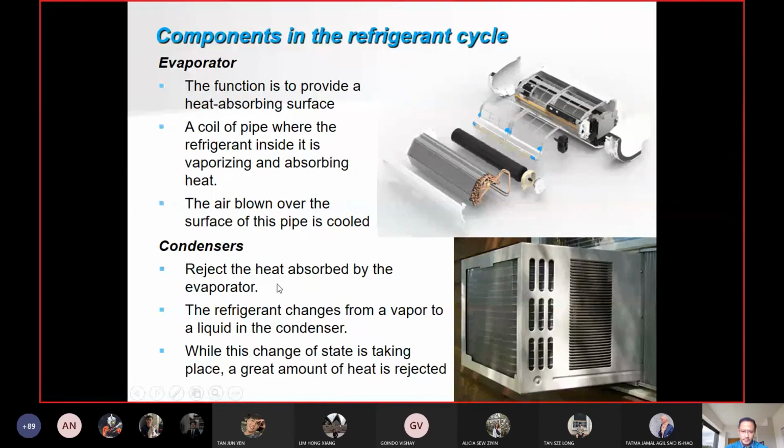The heat is absorbed on the inside of the space, and then it travels through the pipe. Your aircon has a copper pipe connecting the inside and the outside. So the heat travels inside the pipe, bringing the heat from the indoor unit to the outdoor unit, which is the condenser.